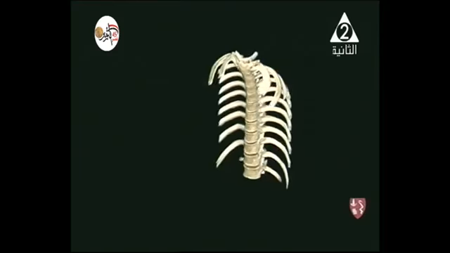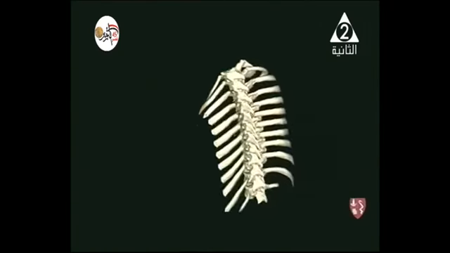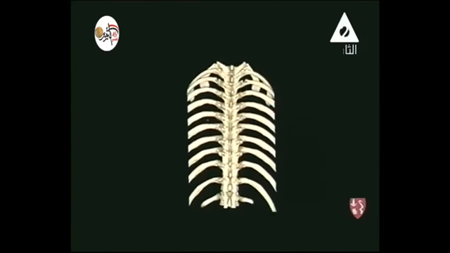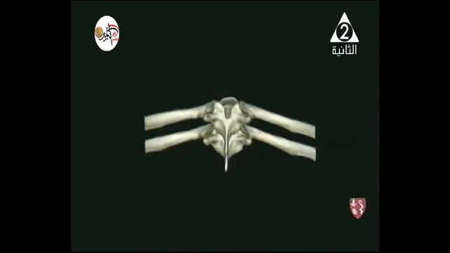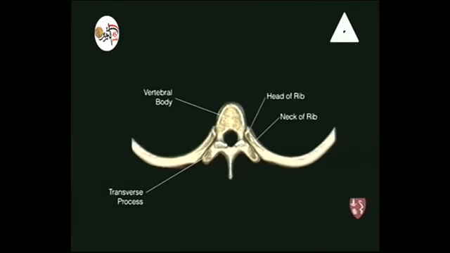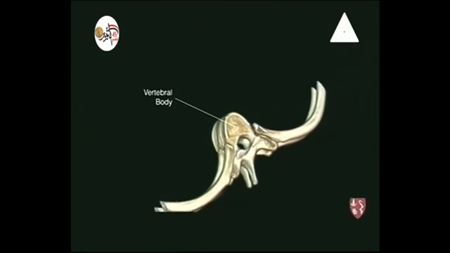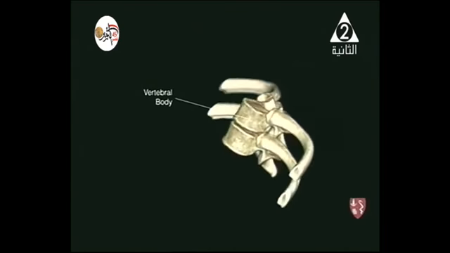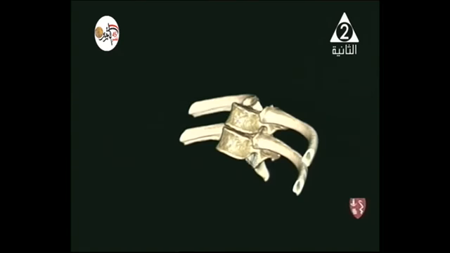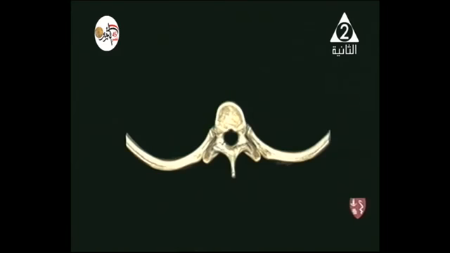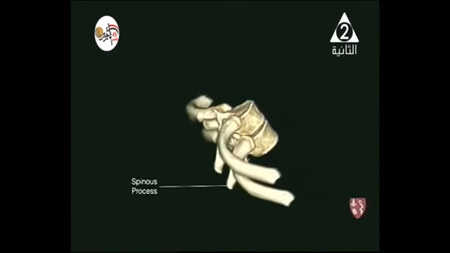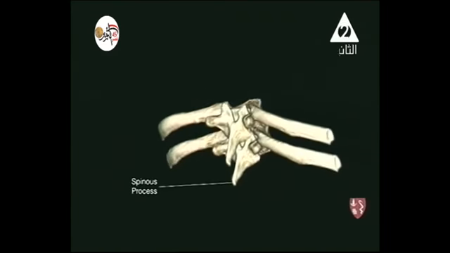And the last pieces of information are that we have 5 lumbar vertebra, the largest vertebrae, and the coccygeal vertebra. This is the shape of the thoracic vertebra connected to the ribs. When we go on to study the vertebra, I'll give you more information about it.